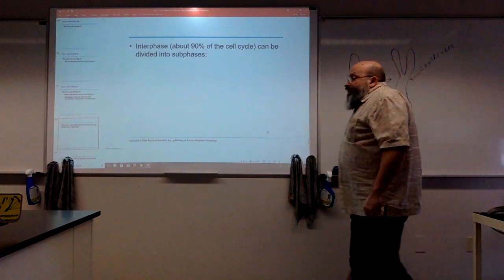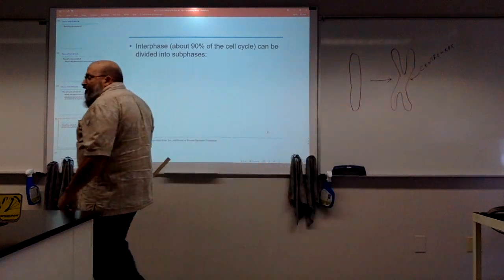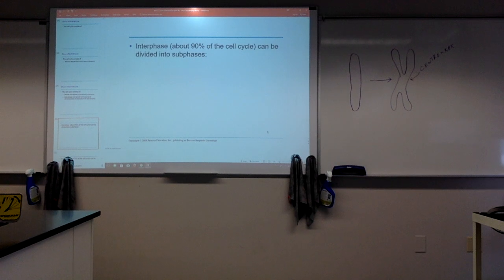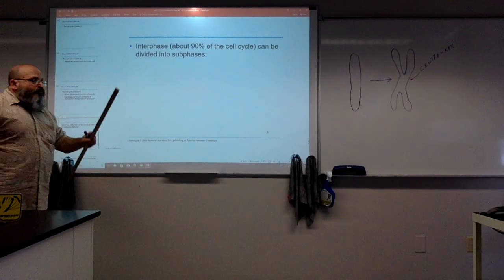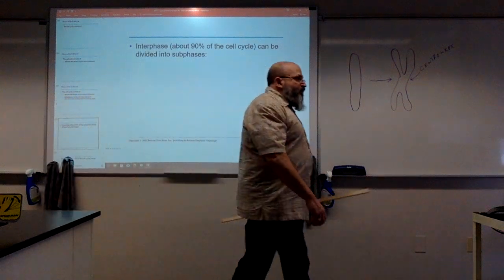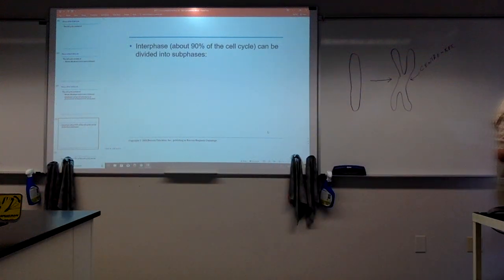Interphase is about 90% of the cell cycle, and if you're looking at a slide with a bunch of cells on them and they're dividing, it's a slide to basically show cell division. The majority of those cells will be in interphase because it occupies about 90% of the cell cycle. And there are 3 subphases of interphase.